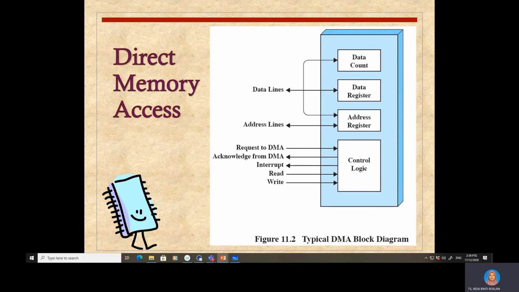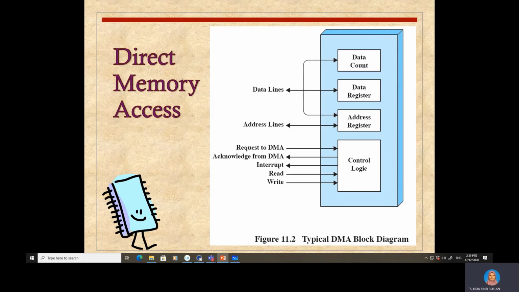So this is how DMA works. When the processor wishes to read or write a block of data, it first issues a command to the DMA module by sending some information to it. This information includes the read or write request, the address of the I/O device involved, the starting location in memory to read or write, and the number of words to be read or written.